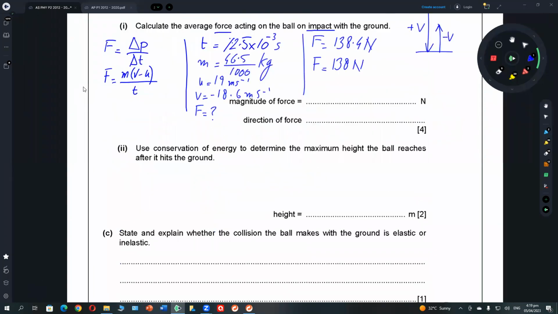Use conservation of energy to determine the maximum height the ball reaches after it hits the ground. The ball rebounds. So when the ball is coming down, there is a loss of potential and gain in kinetic. Then the ball rebounds, so after the rebound, the kinetic energy of the ball converts into potential energy.